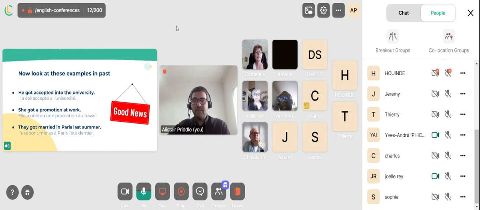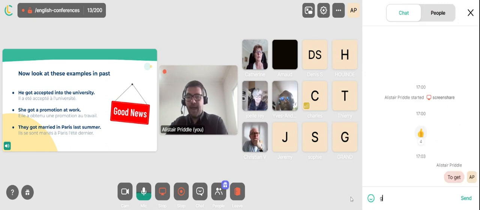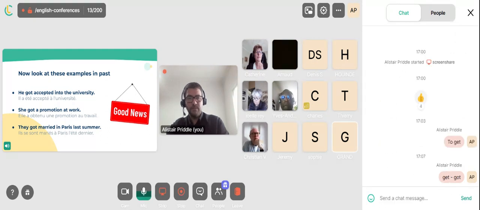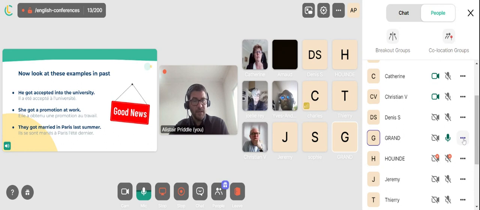So now let's have a look at these examples in the past. We can see how the verb changes from get to got in the past. He got accepted into the university.